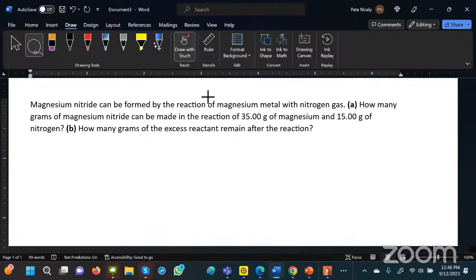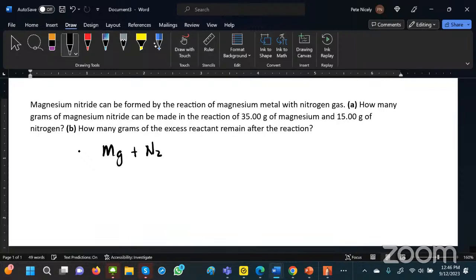Very first thing you need to do is what? Balance. Write a balanced equation. Okay, so what would be the reactants in this equation based on the information provided? Magnesium, okay, and nitrogen. What's the formula for nitrogen? N2, right?